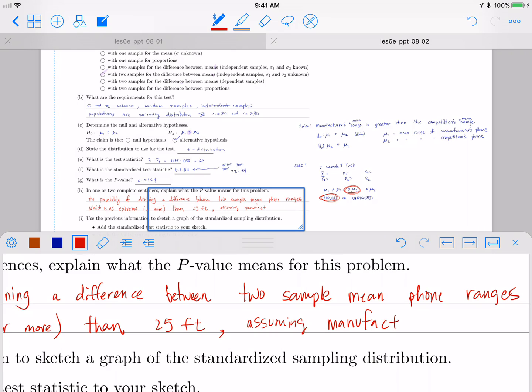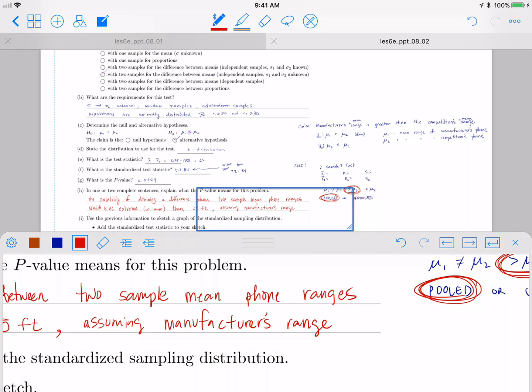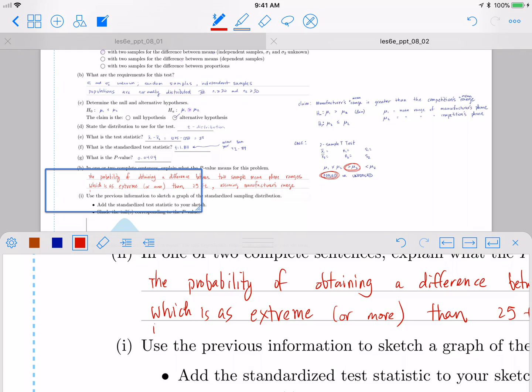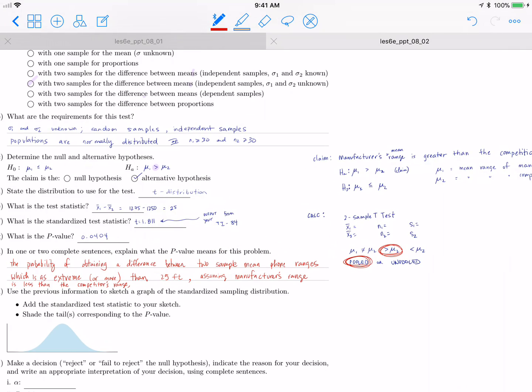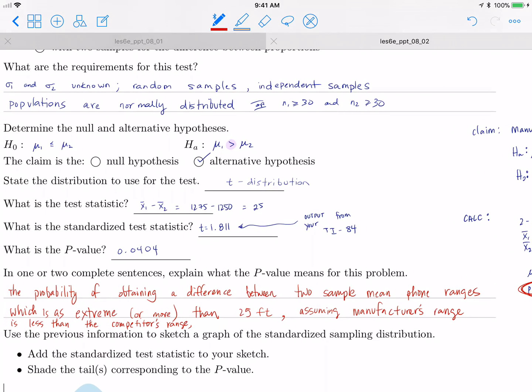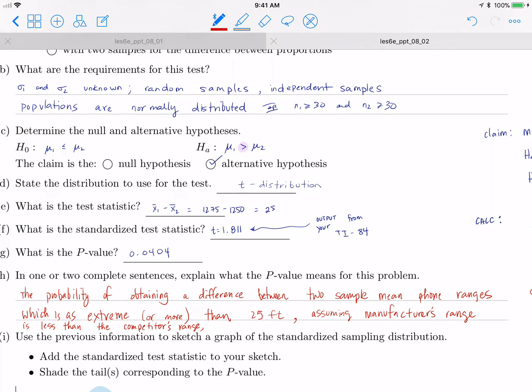So, assuming that the manufacturer's range is less than the competitor's range, what's the probability of obtaining a difference between the two sample mean phone ranges which is as extreme or more extreme than 25 feet?